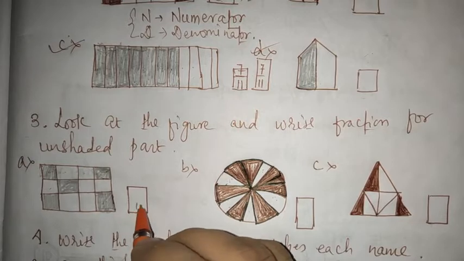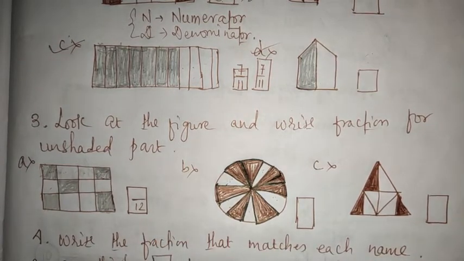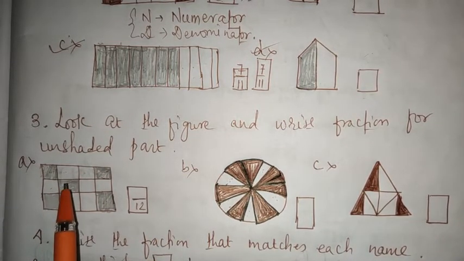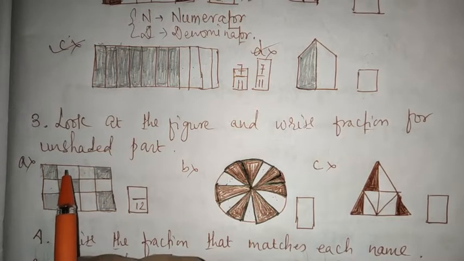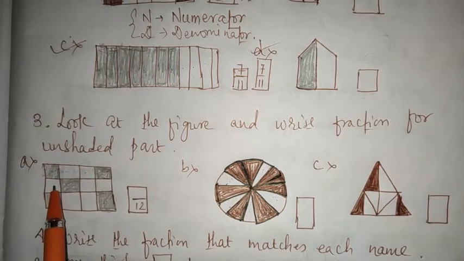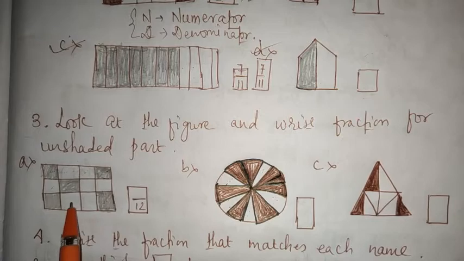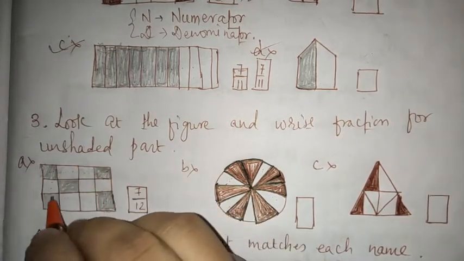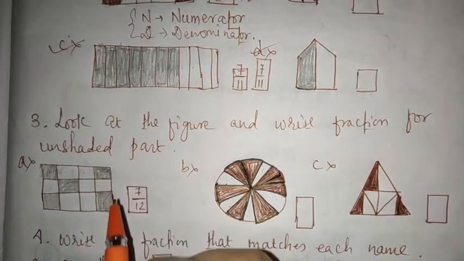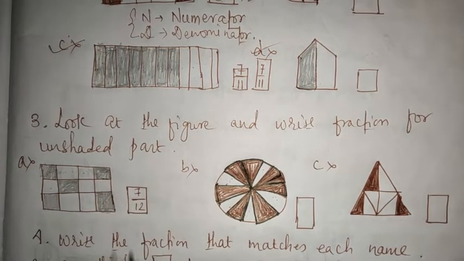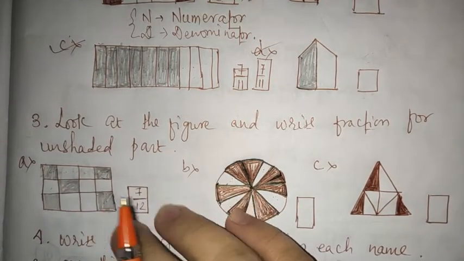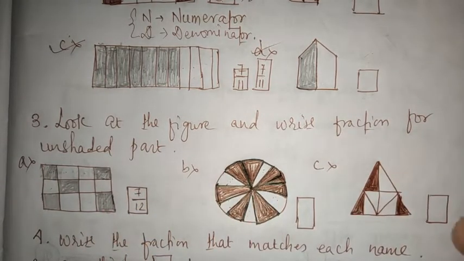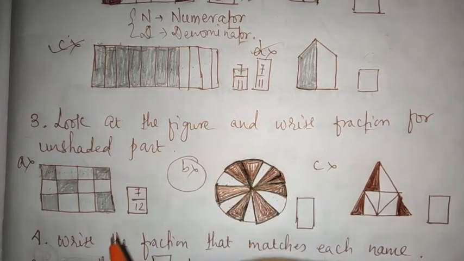So out of 12, how many square boxes are unshaded? 1 2 3 4 5 6 7. If the pattern is not matching with your book, kindly do according to that. This is just knowledge I'm giving you, how to perform an activity. Okay, number B, you'll try it yourself.